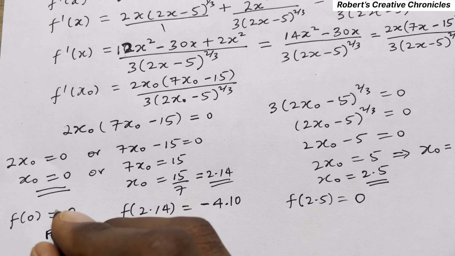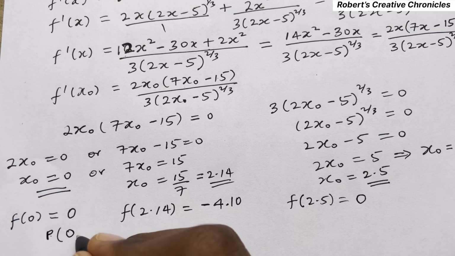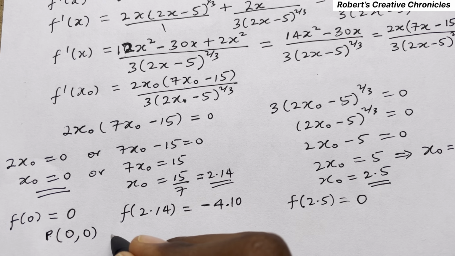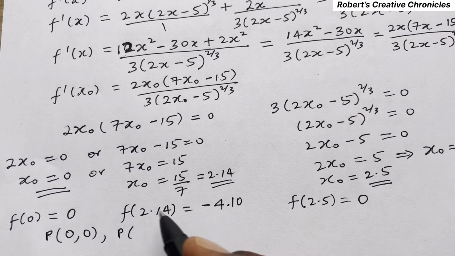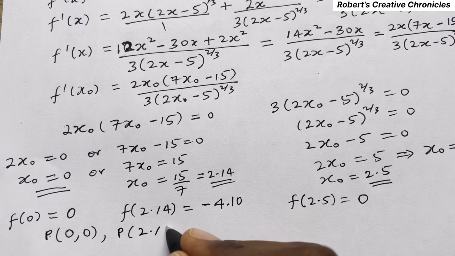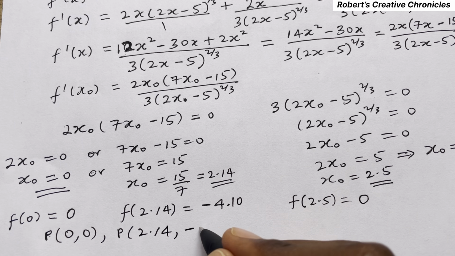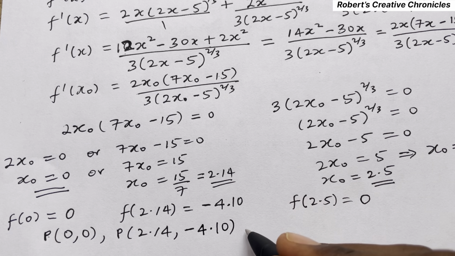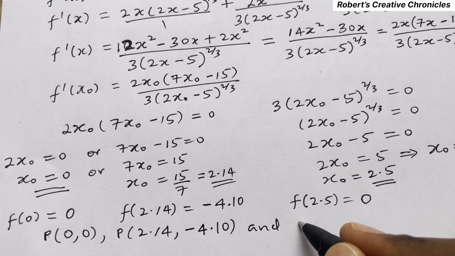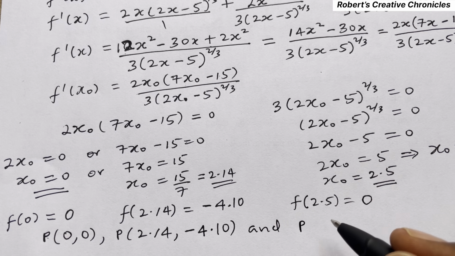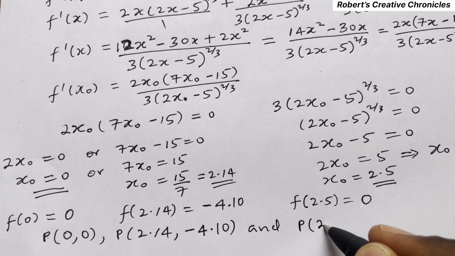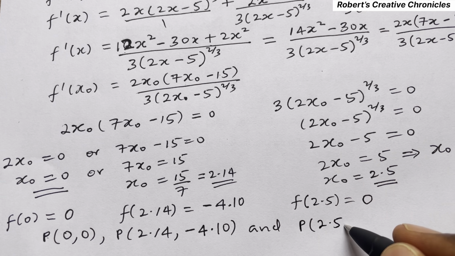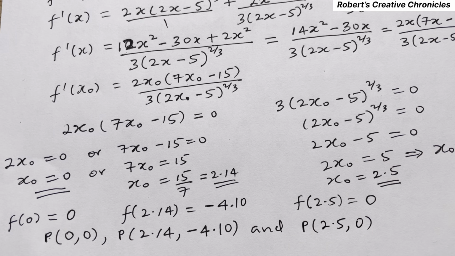So the first critical number here is 0, and the function value is 0. Here the critical number is 2.14, and the function value is negative 4.10. And finally, the final one, 2.5 and 0.